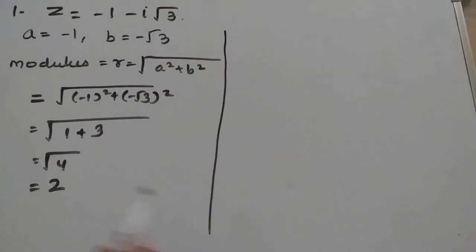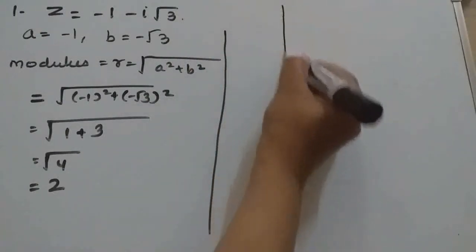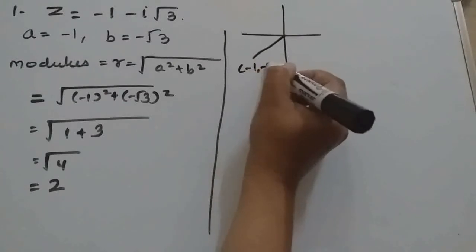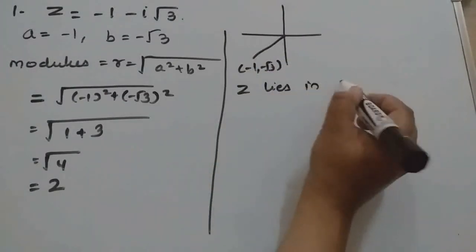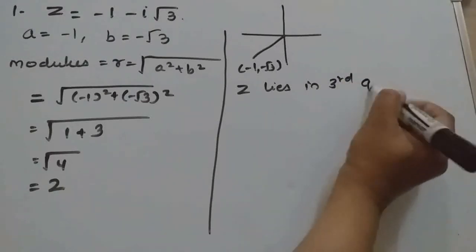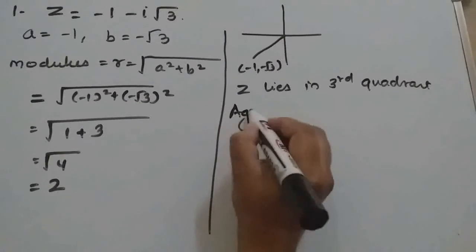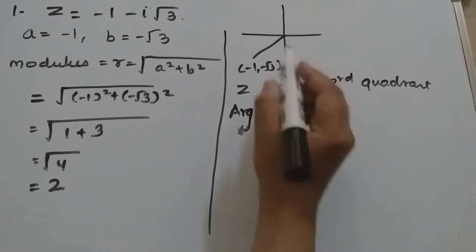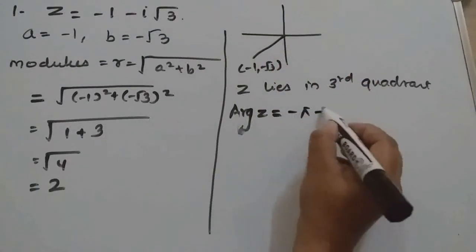Then for the argument, -1 minus root 3 i means the complex number lies in the third quadrant. Okay, so we can write z lies in the third quadrant. So argument of z is, see, in the third quadrant I told you to remember the formula minus pi plus theta.